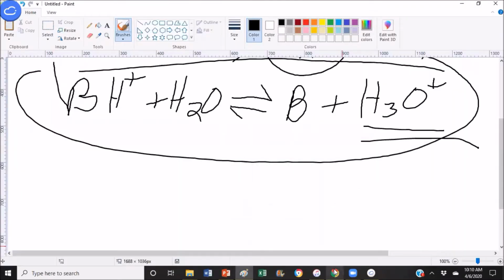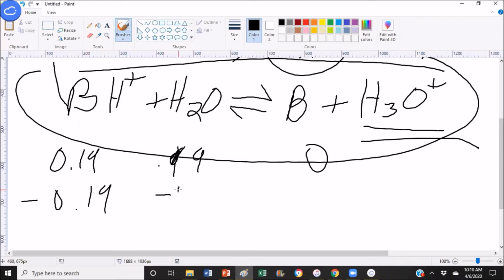Okay, so we have 0.19, 0.19, and 0 at initial. When I subtract this, 0.19 goes to 0. Oh no, already screwed up. Okay, let me go back. I need to delete that.